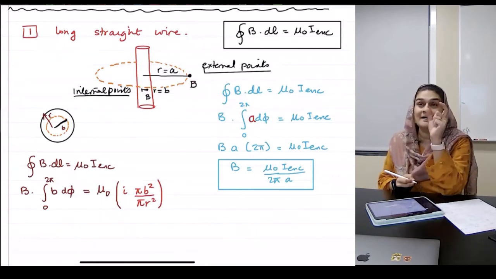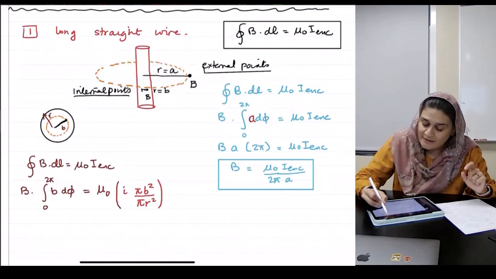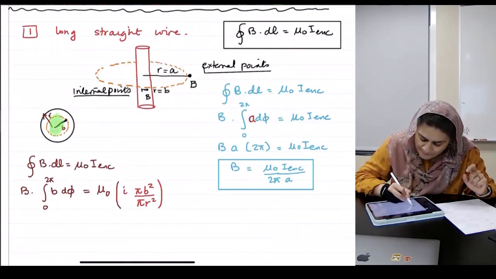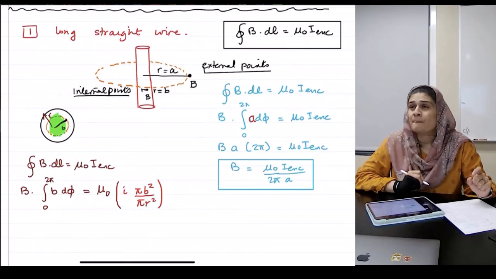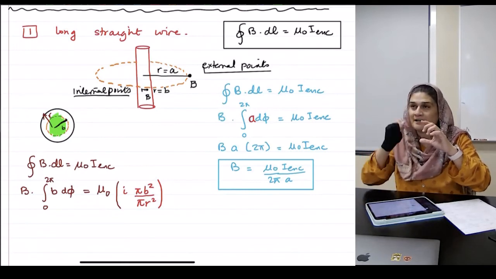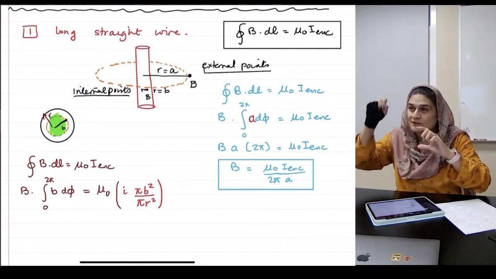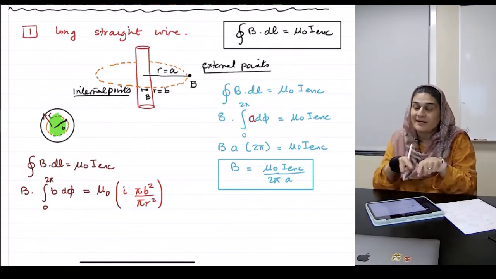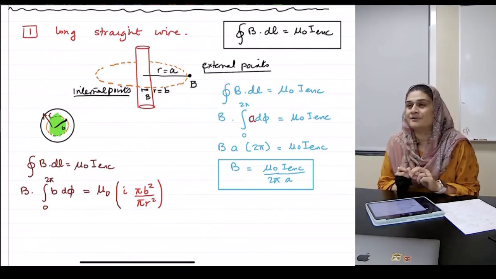So the I enclosed in my Amperian loop is only the area that is enclosing the loop proportional to the total area that's outside. Is that true? Follow ahead?